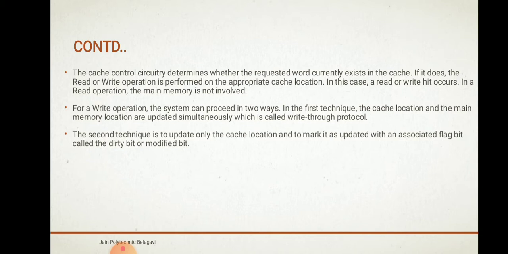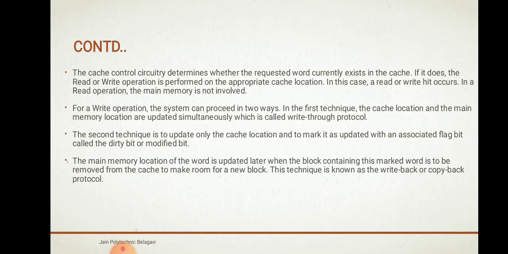So it's called the write through protocol. The second technique is to update only the cache location and mark it as updated with an associated flag bit. It's called a dirty or modified bit. So instead of modifying both main memory and cache memory, we only update the cache location. How we come to know it is updated is by marking it with an associated flag bit. The main memory location of the word is updated later.